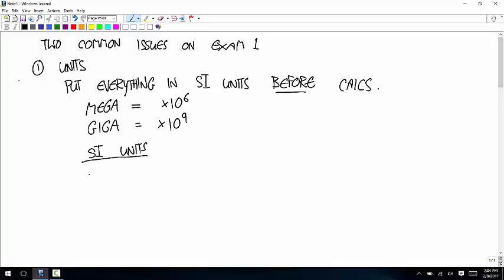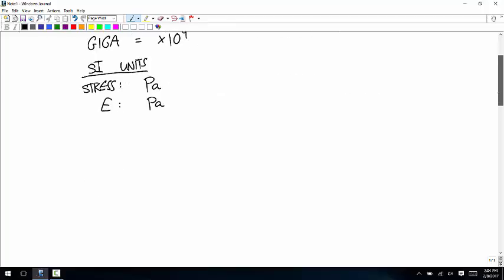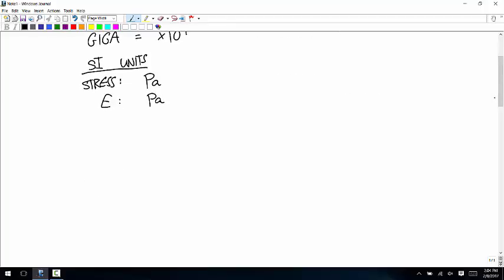So here are all the things that we know about. Stress is pascals. Young's modulus is pascals. Strain is unitless.